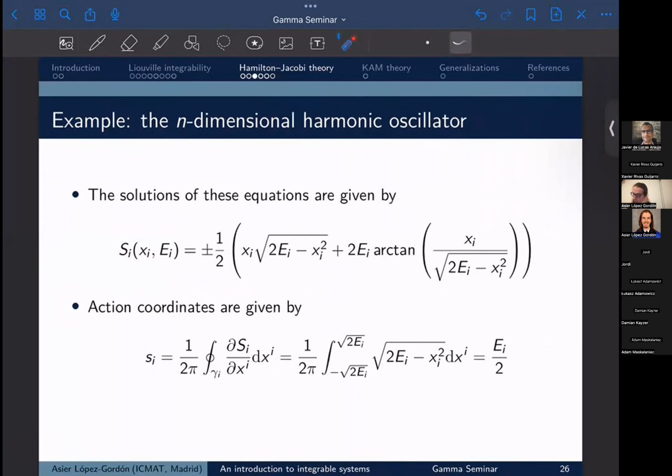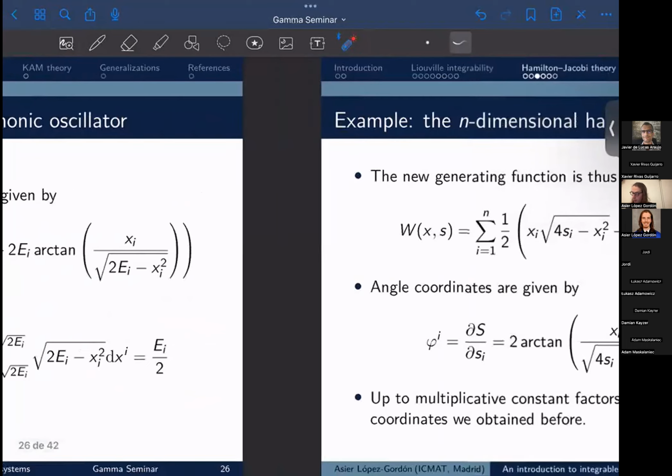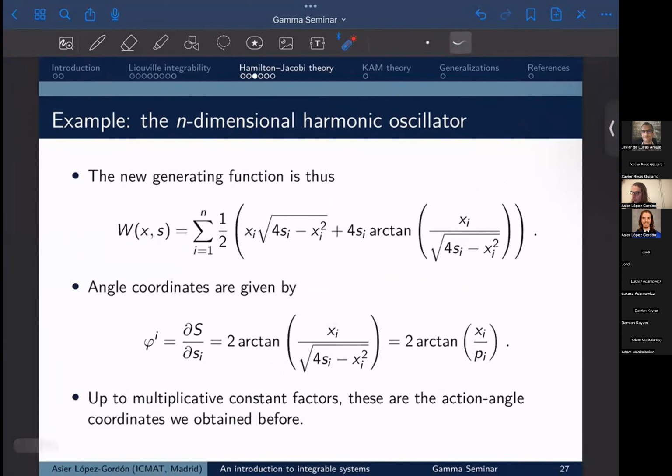And well, the solutions of these equations are these ones, which, as Javi mentioned before, is actually not well defined globally. Well, whatever. Then we can obtain action coordinates in terms of this integral, and we obtain that they are just a multiple of these energies E_i. And we now write the generating function in terms of these new coordinates.